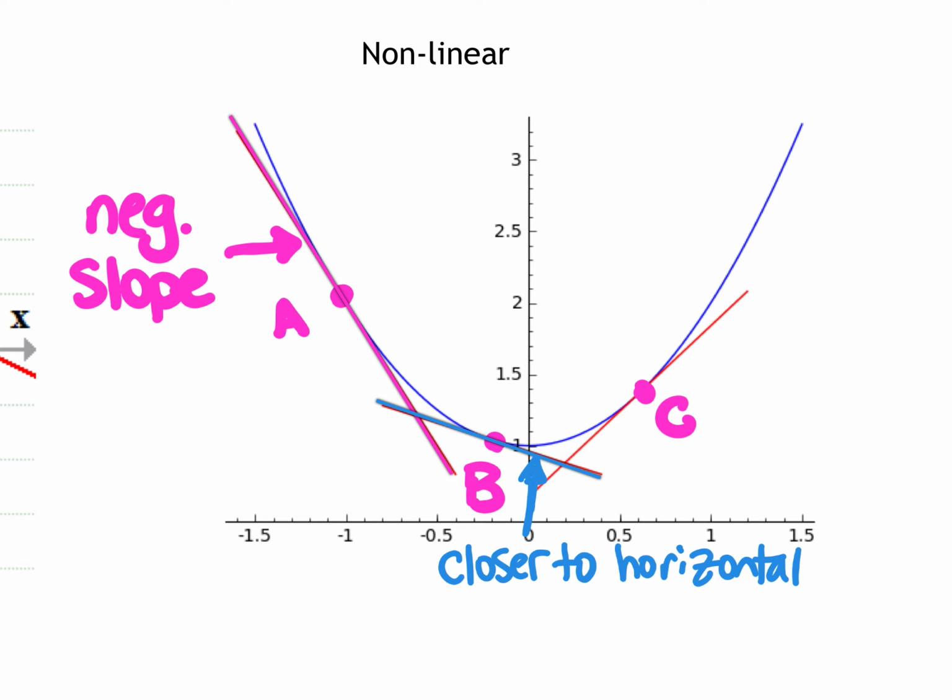All right, so the line drawn tangent to point B has a slightly more horizontal appeal to it. And then, I don't like any of my colors I have right now, so I'll just do this. If I draw in that line at point C, now this has a positive slope.